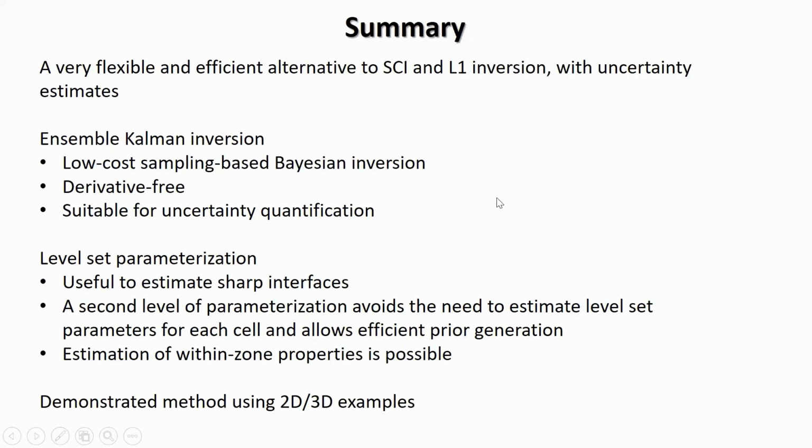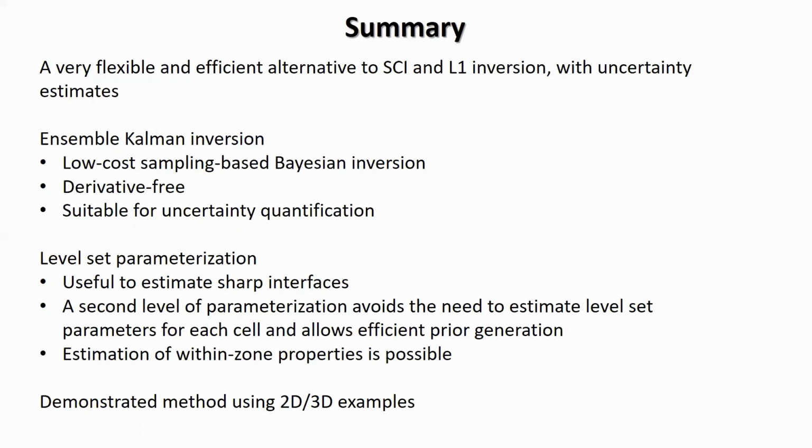So in summary, we've shown here a flexible and an efficient alternative to smoothness constrained inversion, and also the so-called L1 inversions, or the pseudo L1 inversions, the blocky inversions. So we provide uncertainty estimates here, which is a great bonus for this kind of approach. So the ensemble Kalman inversion is a low-cost sampling-based Bayesian inversion, derivative-free.